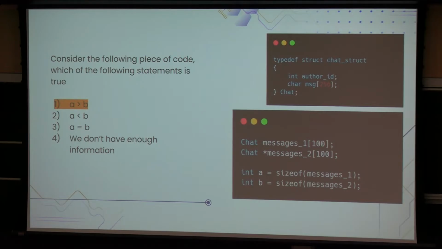I know there's something in C where it might not be exactly 260, but the point is that it's going to be, in either case, greater than if we were to run sizeof a pointer, which is always going to be 8 bytes, or 4 bytes on a 32-bit system, but you don't really have to worry about that. In either case, storing a pointer is going to require far less storage than storing the actual struct itself.